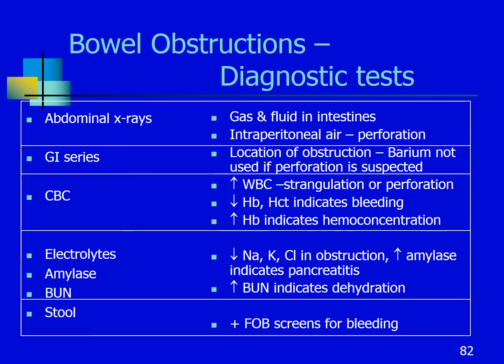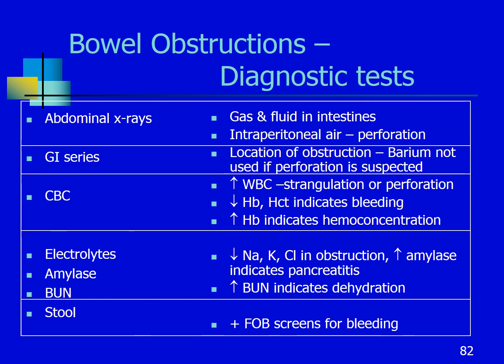All right, so there are some diagnostic tests. Abdominal x-ray is going to look at the gas and the fluid in the intestines. GI series would tell you the location of obstruction. CBC will tell you the WBC, especially if there's strangulation or perforation. A decrease in H&H will tell you bleeding; if it's increased, it's because of hemoconcentration.